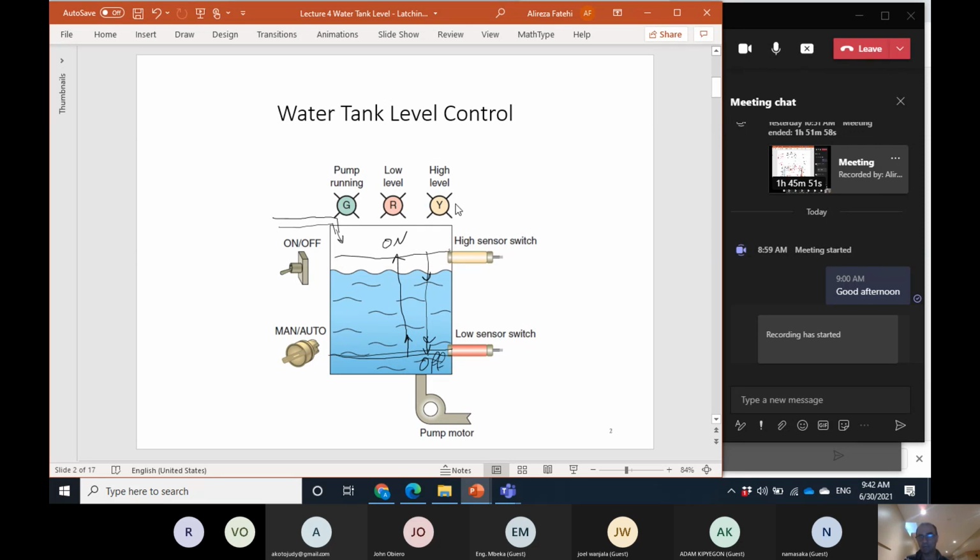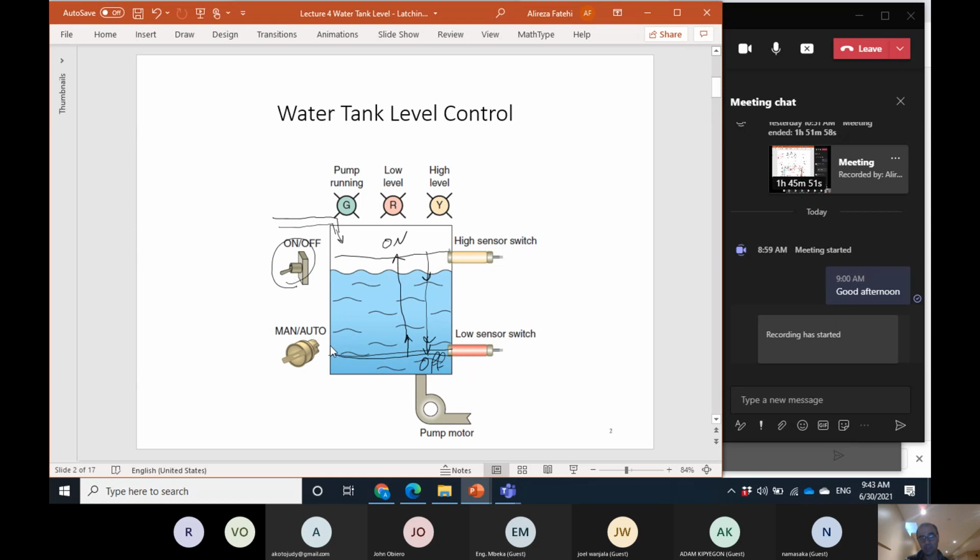In addition to that, we have some pilot lights to indicate whether the level is lower than the low sensor switch or higher than the high sensor switch, and whether the pump is running or not. Also, there are two selector switches. The first is the on-off switch. If the switch is off, the pump cannot run. The pump runs if it is in the on mode.